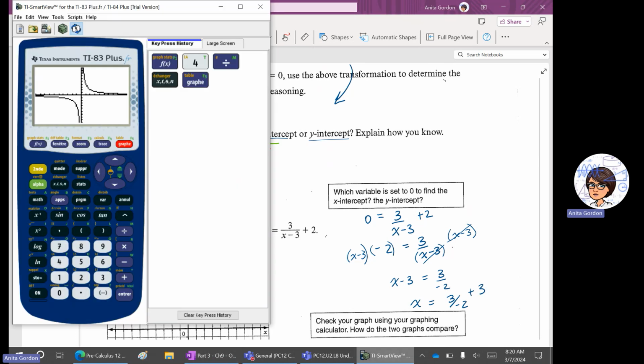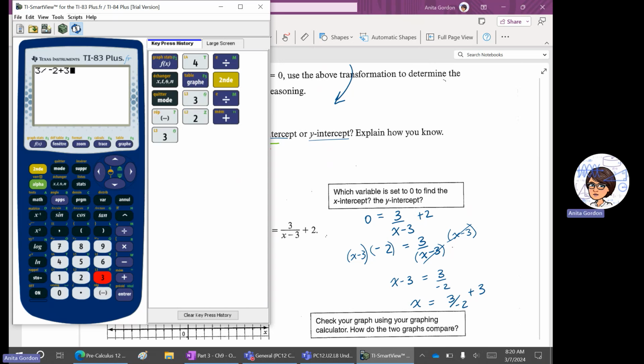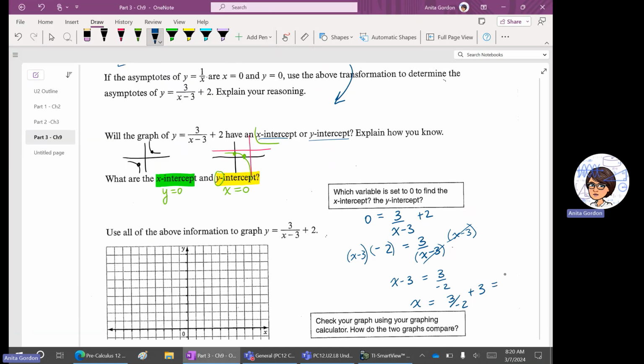I'm just going to grab my calculator here. 3 divided by negative 2, plus 3. That gives me 1.5, or 3 over 2. So my x-intercept is at 3 over 2, 0. Did I write that correctly?